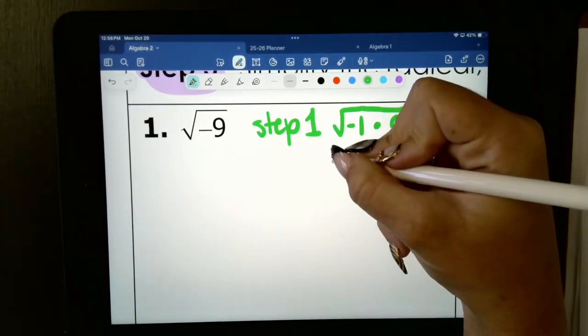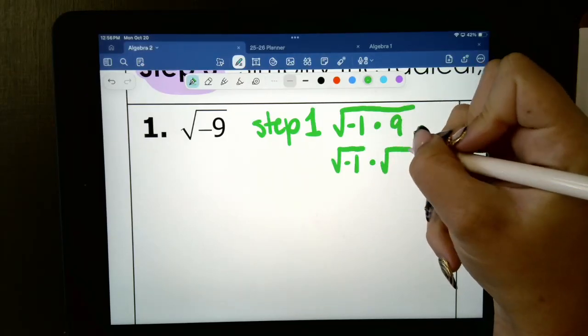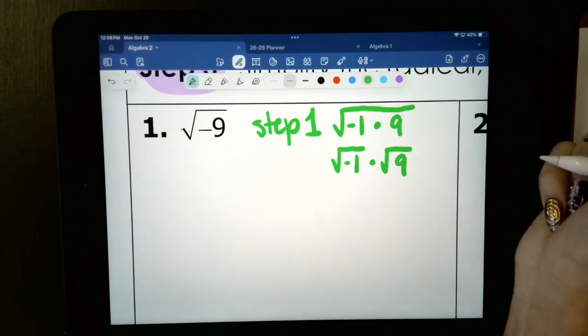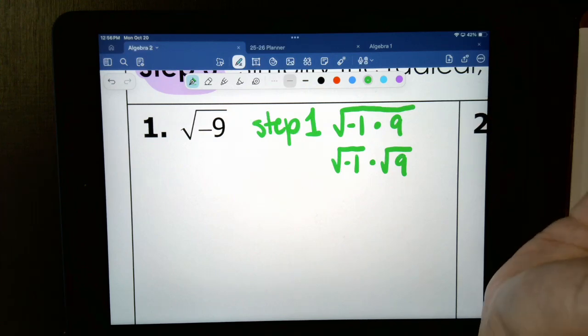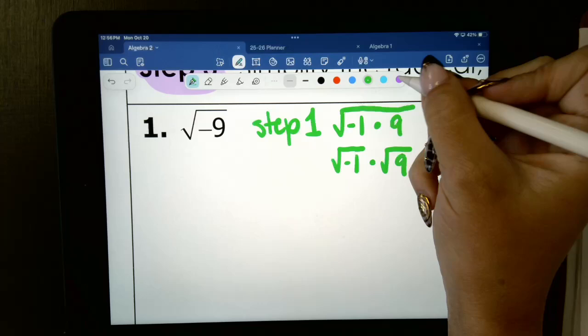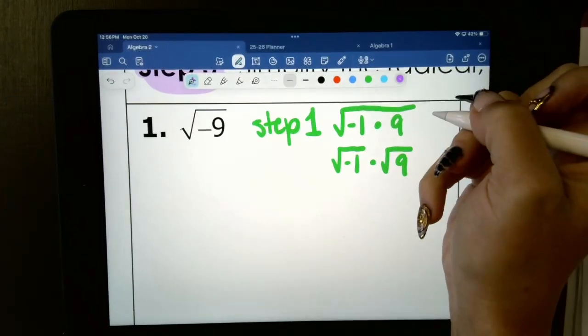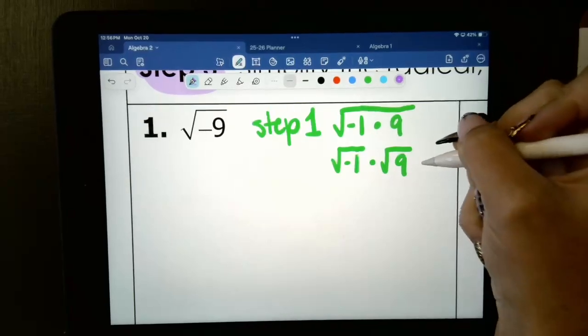Now, I like to rewrite it where we have 2. Why does that make it easier on us? Because we know the square root of 9 and we know the square root of -1.